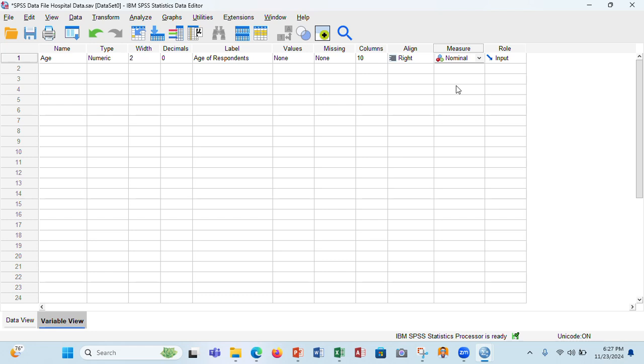So say, if somebody says I'm male, you can say number 1 is for male, number 2 is for female. That does not mean that it has any significant meaning in terms of numbers. You can't have a mean for gender.